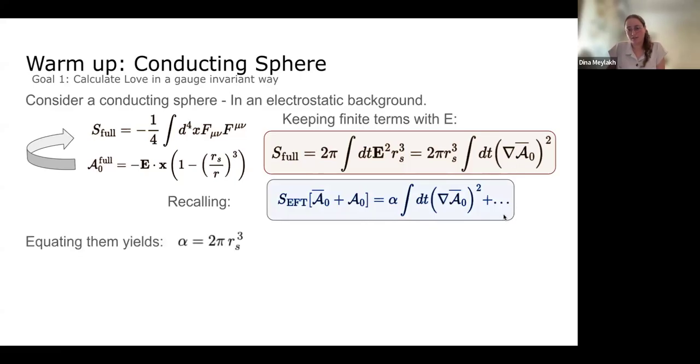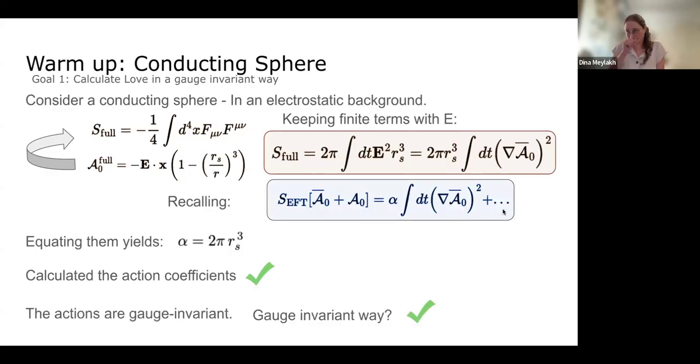And again, we can see that alpha is 2 pi rs to the third, just like before. Was this in a gauge-invariant way this time? We'll say that yes, because the action itself is a gauge-invariant quantity. And so comparing the actions, we don't have to specify a gauge, and we can just say that this coefficient has its value without specifying a gauge.